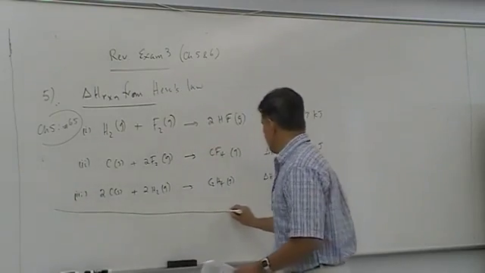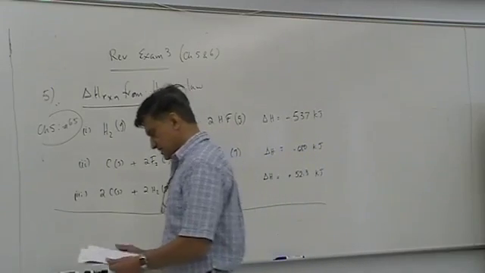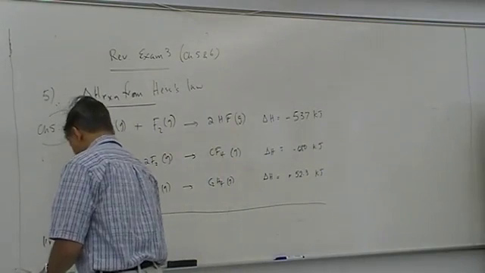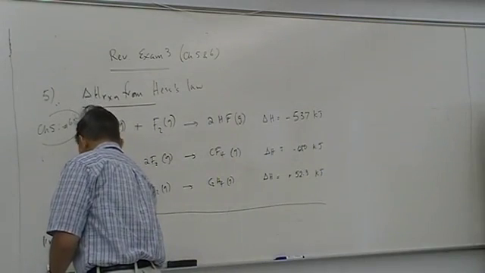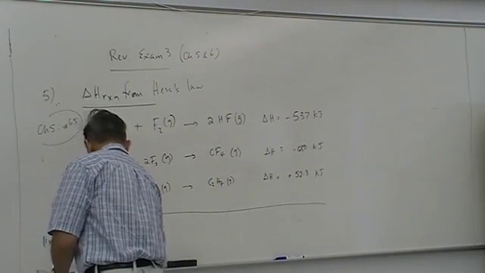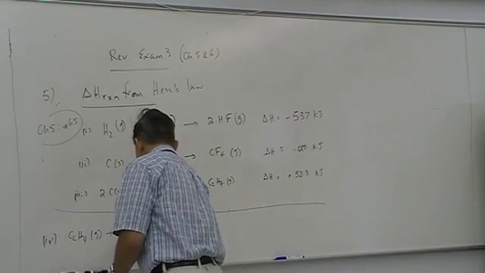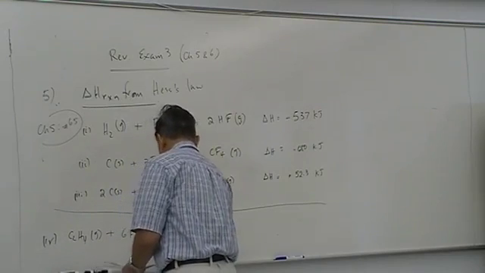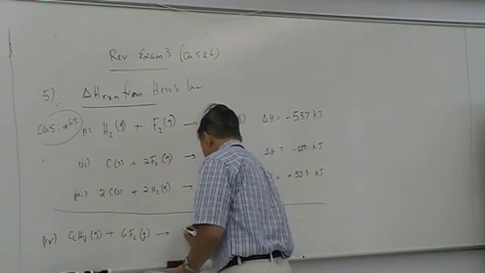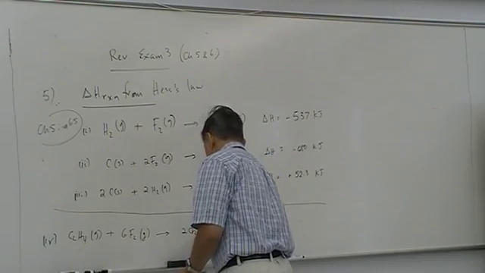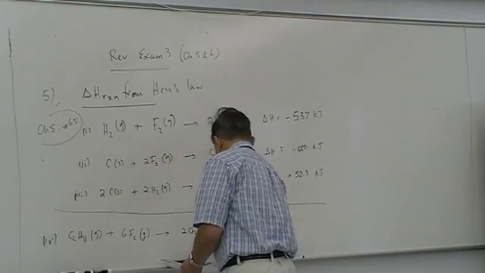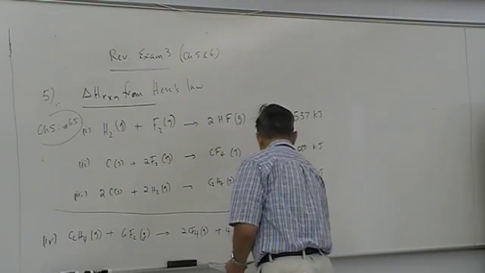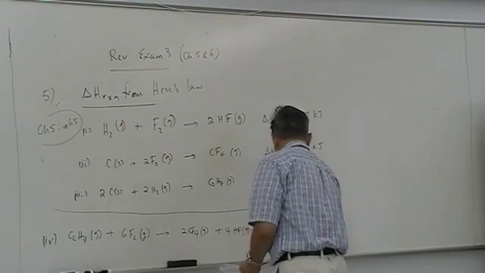Based on these three given reactions, you are supposed to calculate the heat of reaction for the fourth reaction: C2H4 plus 6F2 gas, giving 2CF4 gas plus 4HF, and we need to get the delta H value.